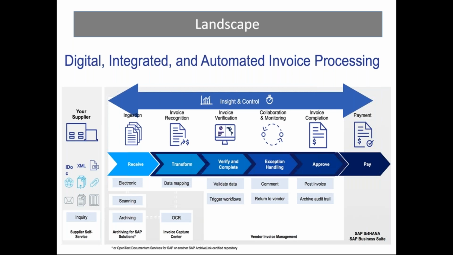Coming to Vim, the process happens like this. We receive invoices via various channels like email, OAWD, Enterprise Scan, IDOC, or the Ariba channel. Once we receive these invoices, a document ID is created in Vim.